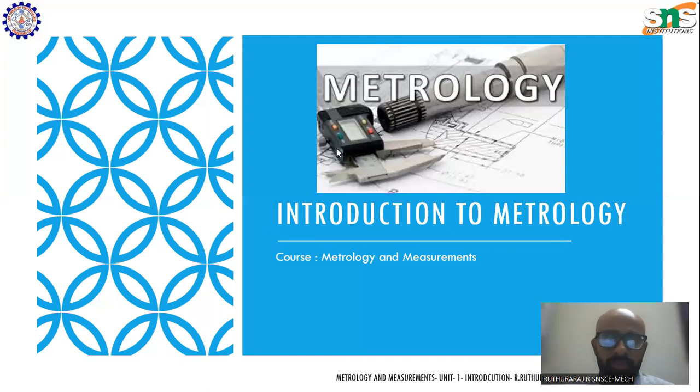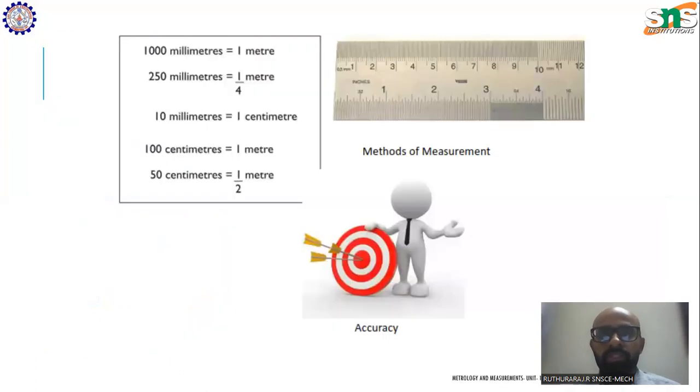Concerning today's lecture, we will be discussing another important term, accuracy. In the image, you are seeing a steel rule. It is a common instrument for measuring length. The least possible measurement in a steel rule is 1 millimeter.